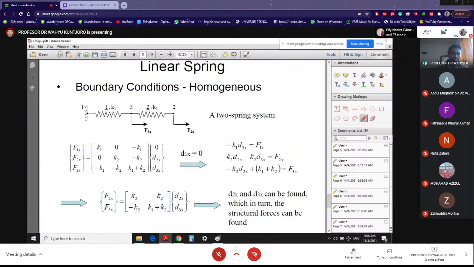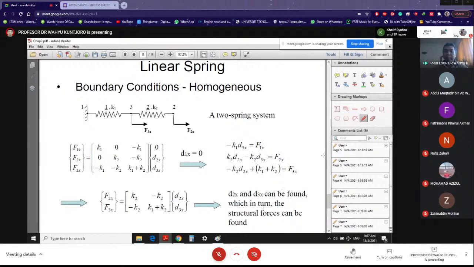And we understand as well that the displacement at node number 1 in x direction is 0 because it is a support. So because of that, I can put d1x as 0. And then mathematically, we can do matrix multiplication, and that's what you have here on the right.